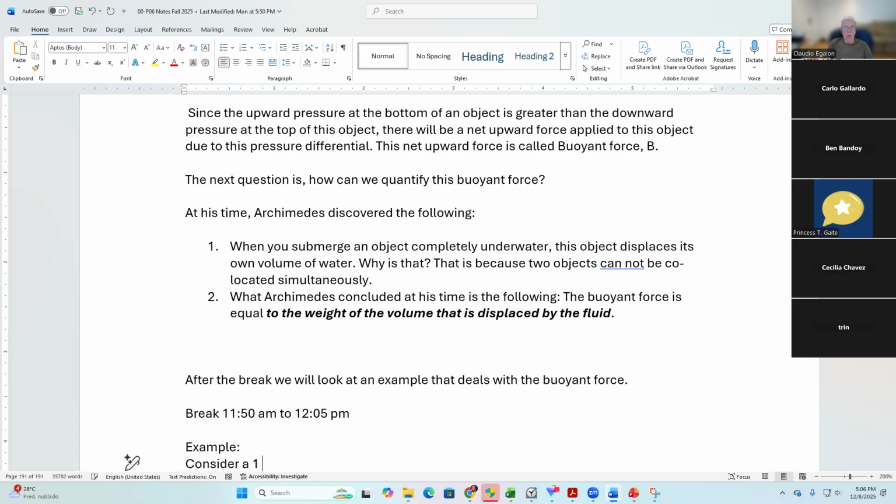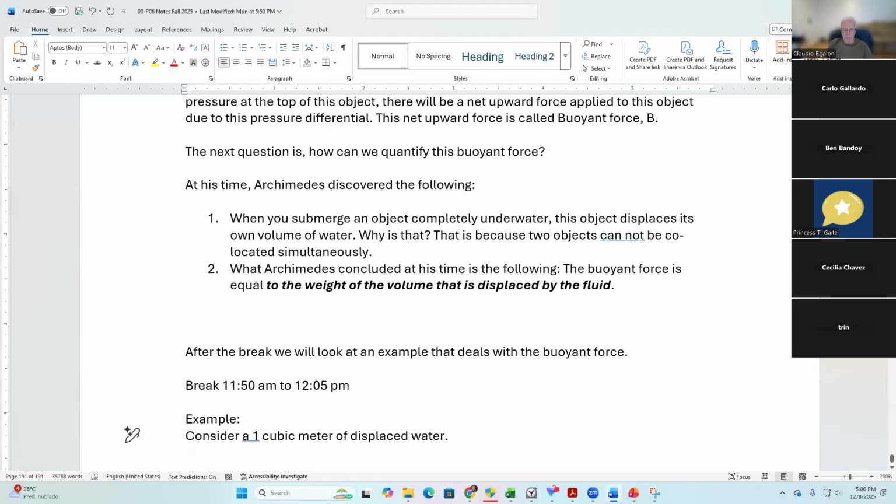Consider 1 cubic meter of displaced water, right? What is the buoyant force of this displaced fluid?